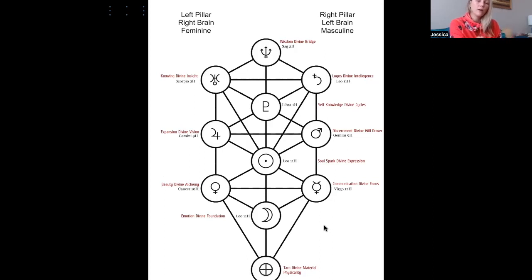So having your moon there, looking at the sign, will give you a clue into what you're confronting on an emotional level, what you're confronting in the astral, that first layer. And it also connects to the mind. So the astral is this whole section here. The emotions connect to the mind, and then you're going to see communication, divine focus, right?